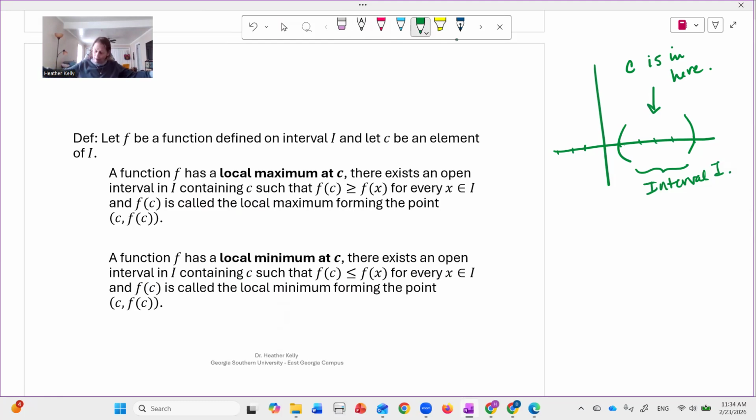You just get infinitely close and you never get there. So an open interval in I containing c such that f of c is greater than f of x for every x in I. And f of c is called the local maximum forming the point. And so what we're kind of talking about is a graph that looks maybe like this.